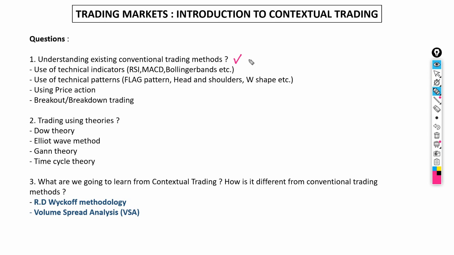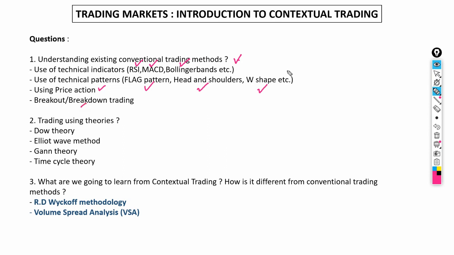As we all know, there are already some existing conventional trading methods, like first is use of technical indicators, RSI, MACD, Bollinger Bands. Then we also know there is use of technical patterns like flag pattern, head and shoulders, inverse head and shoulders, W shape, etc. And there are also traders who use only price action, and even traders who use only breakouts or breakdowns for trading.